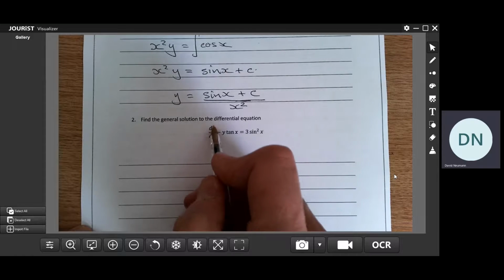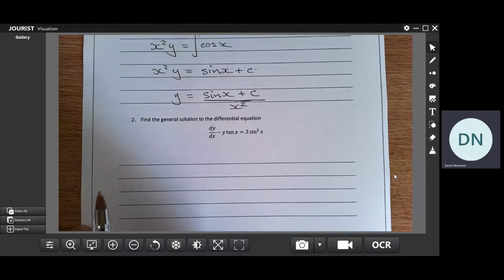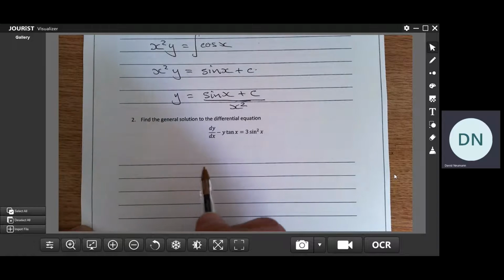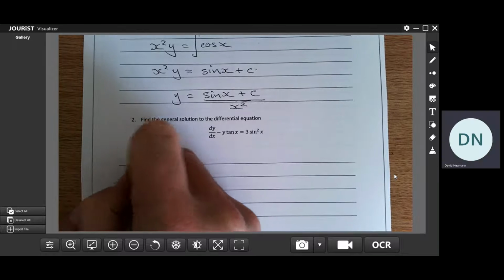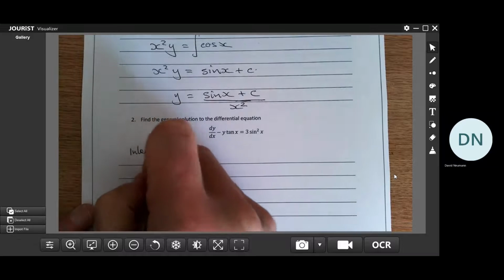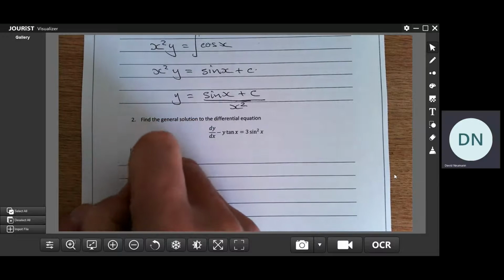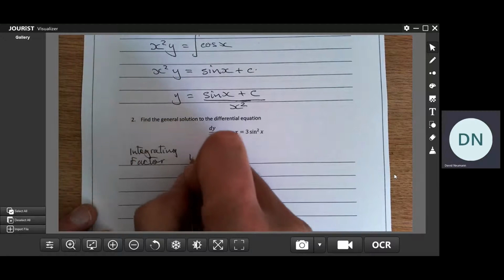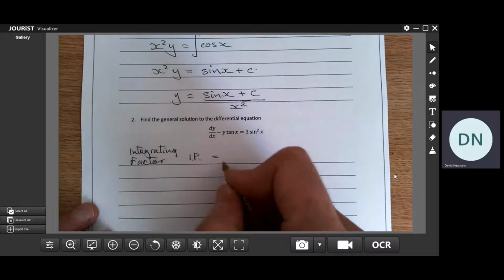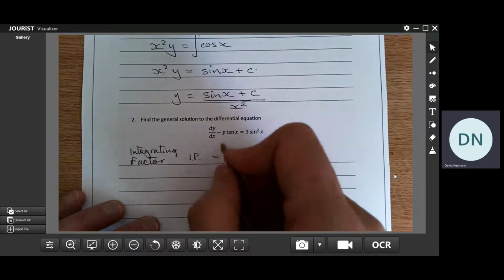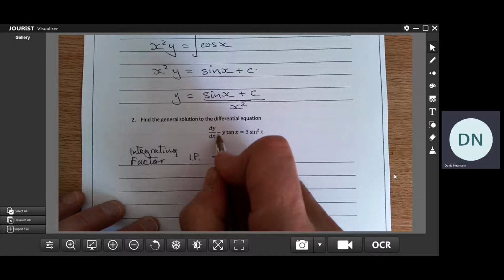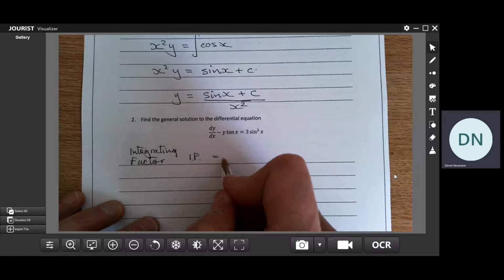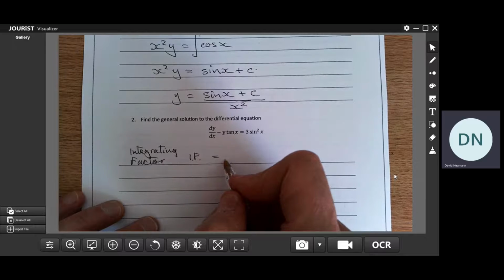Question 2 here, we do have just dy by dx here, so we've got this in the form that we want. What we do now is we need to multiply through by something called an integrating factor. So the integrating factor, or IF, is equal to, well, we want to take what the y is multiplied by here, so that's minus tan x, and we're going to find e to the integral of that.